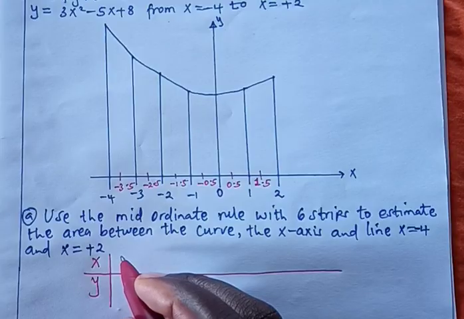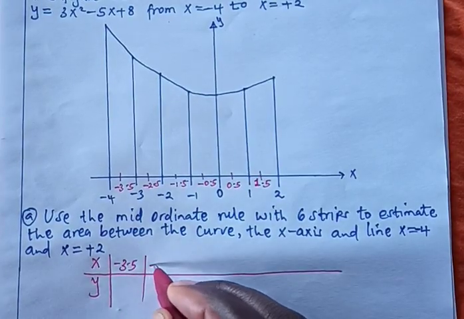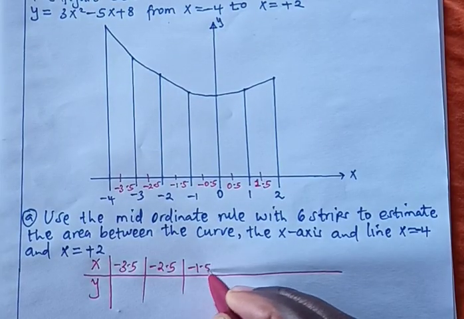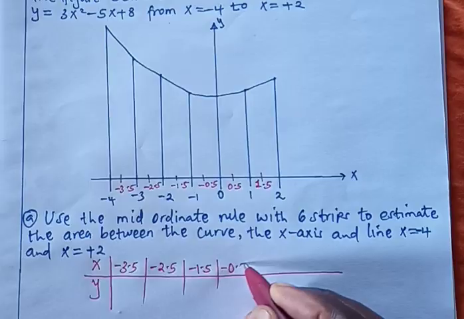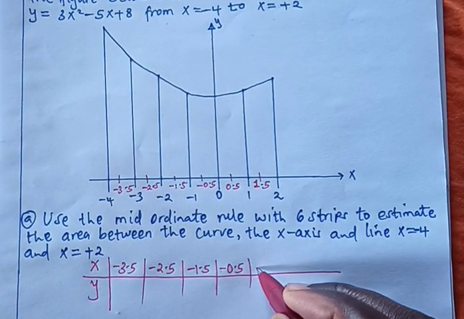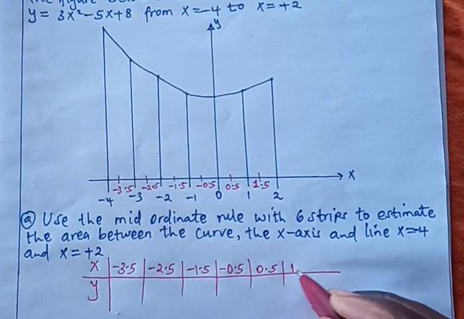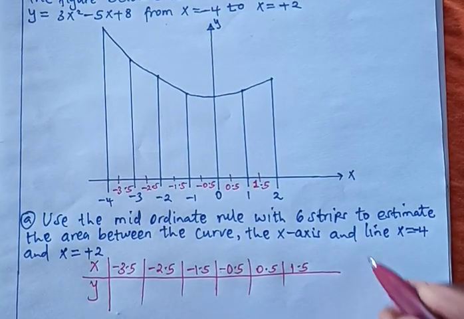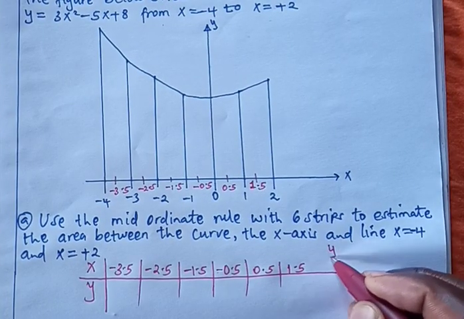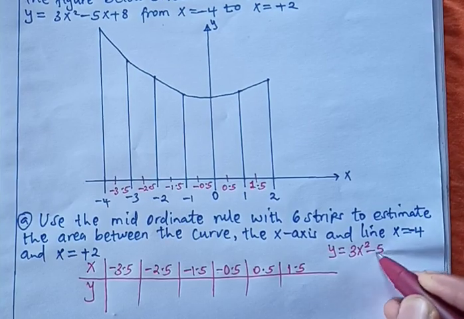We start from -3.5, then proceed to -2.5, -1.5, -0.5, then 0.5, then 1.5.